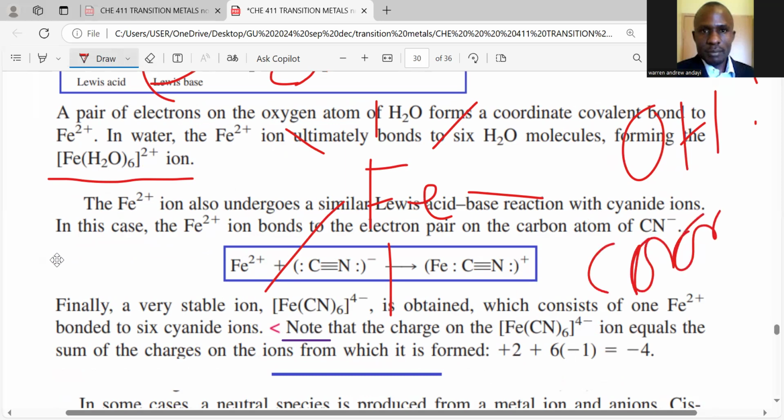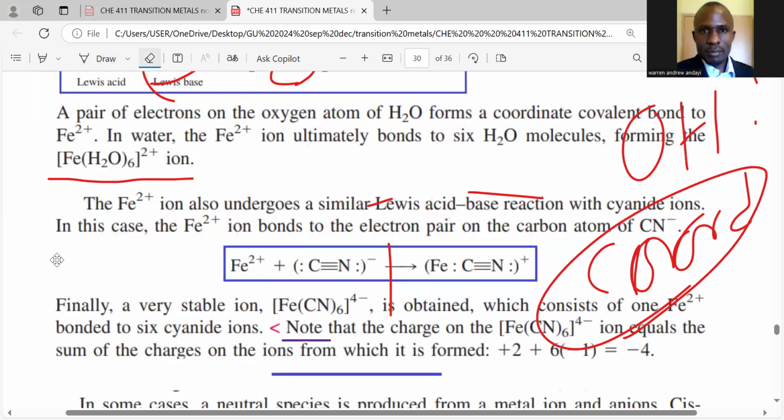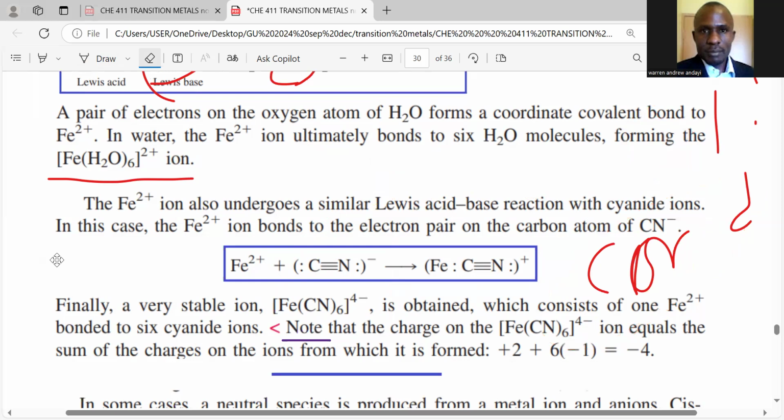Coordination number, the number of molecules or groups a metal can accommodate around itself. That's why you may be wondering, how come iron is now picking 6 waters? Yes, 6 waters. It is not losing anything. It's just getting water attached to itself, okay? So it can bond as many because it's not losing anything. It's the water that is coming to attach itself.